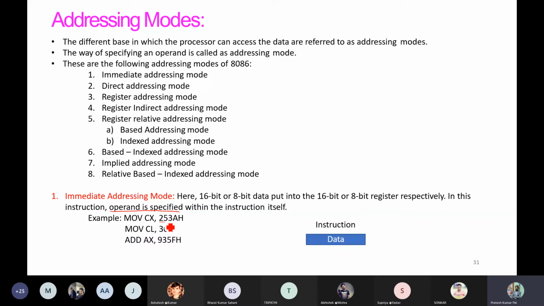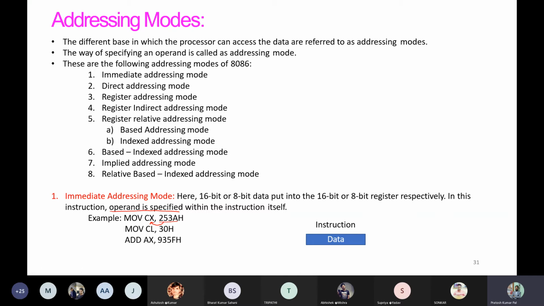This is 16-bit data. This data needs to be moved to the CX register. This is the data, so this is an immediate data. The data that we need to move is already available in the instruction itself. So this is called immediate addressing mode.